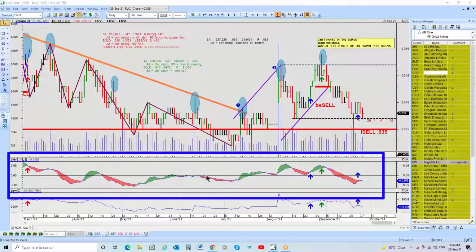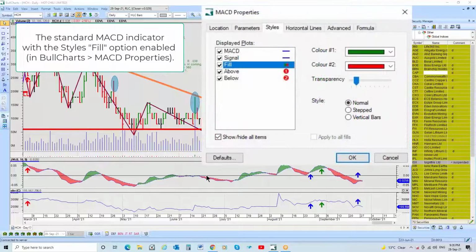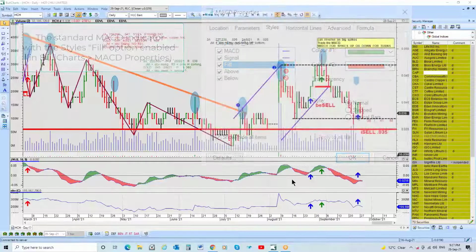The line right through the centre is the zero line. That's achieved in the style, by filling the colour fill in. It's not a BullCharts ribbon though, is it? No, it's just the MACD, but they've coloured it in the styles.